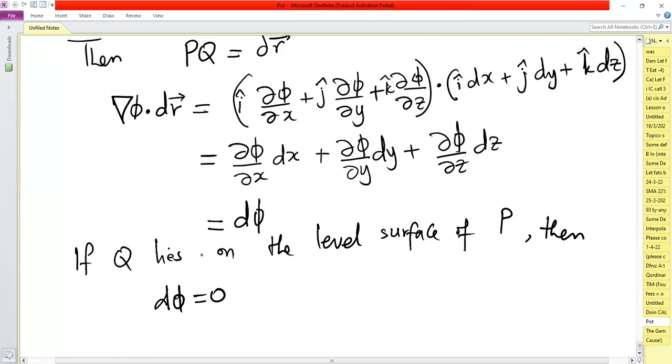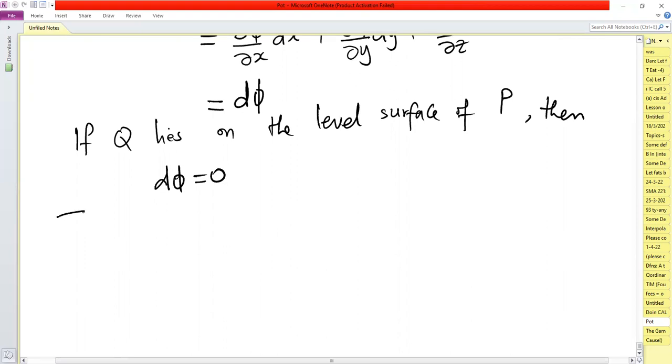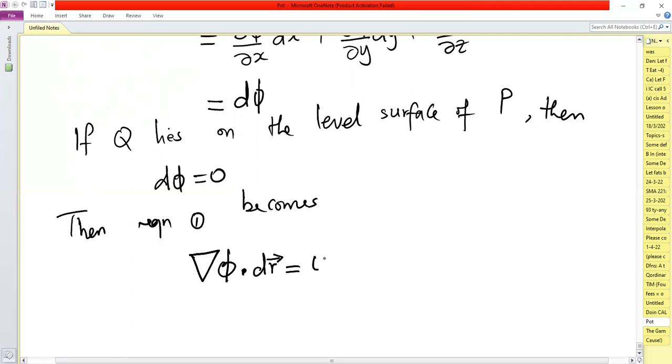So if I call this equation 1, then in that case whereby Q is lying on the same level curve of P, equation 1 becomes that the dot product of gradient of phi and dR will be given by 0.